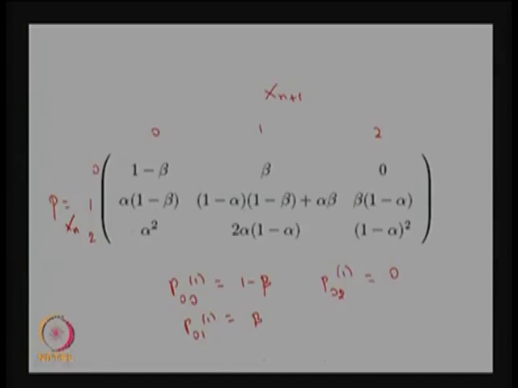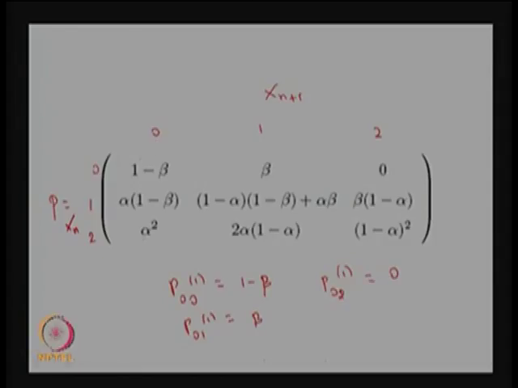And similarly, you can evaluate the other elements also. For example, the system going from state 2 to 0 is nothing but at the nth step 2 machines are in the working condition, and at the n plus 1th step 0 machines are working.